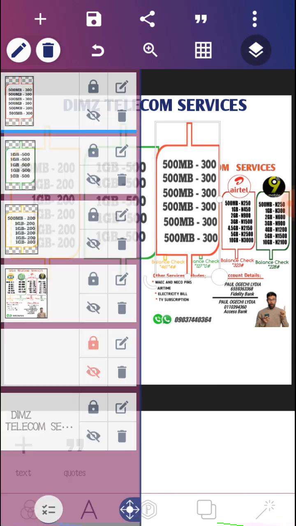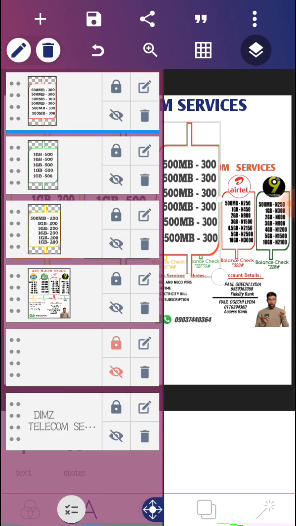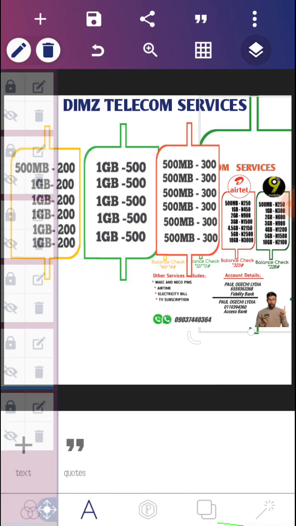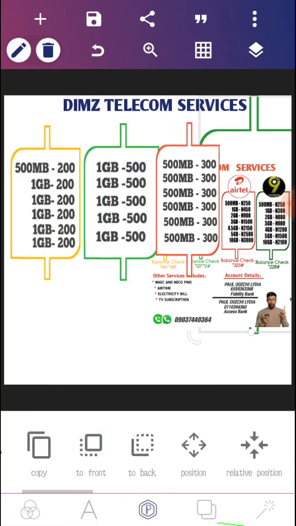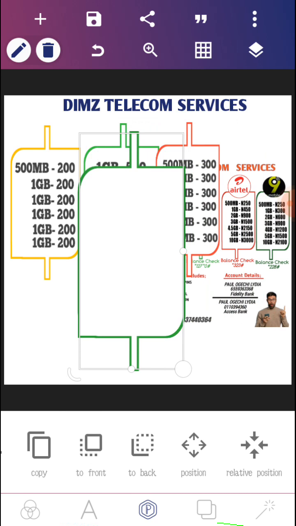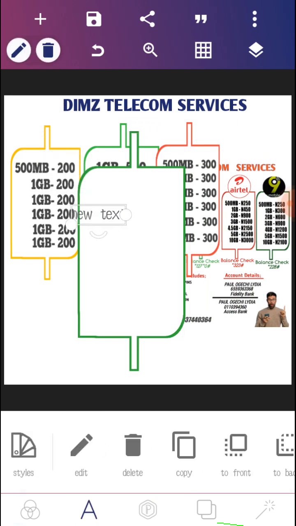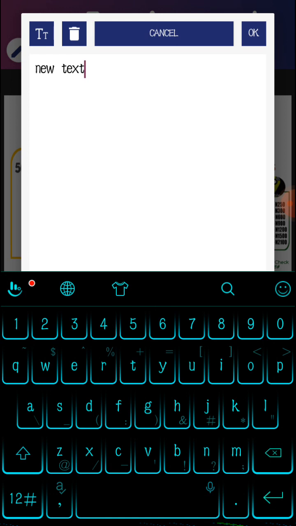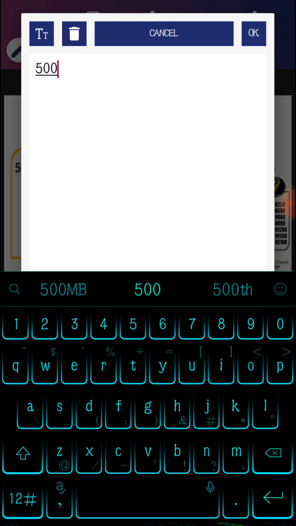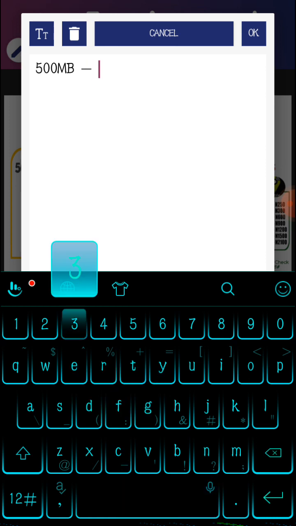Now we're going to work on the fourth one. We unlock. We bring it to the front. Now we put our text, our prices. We edit, delete, 500 MB, 300.